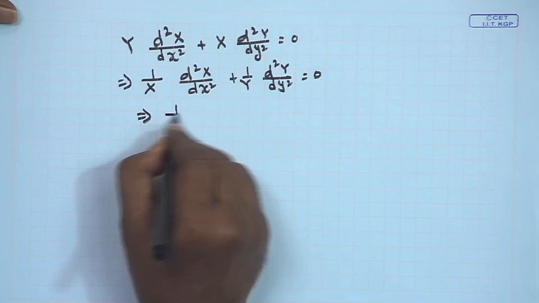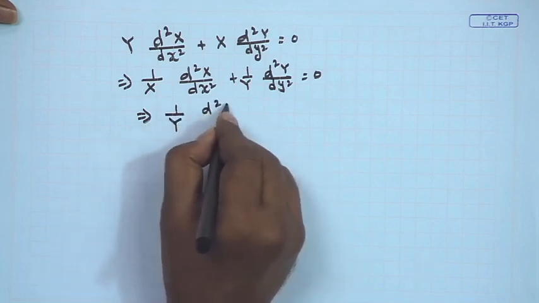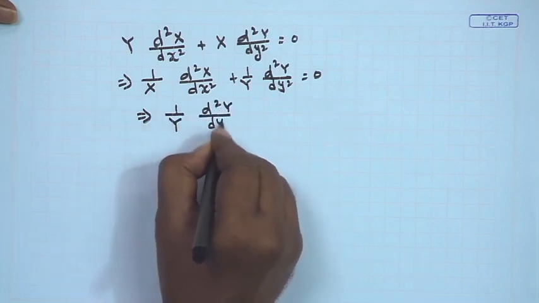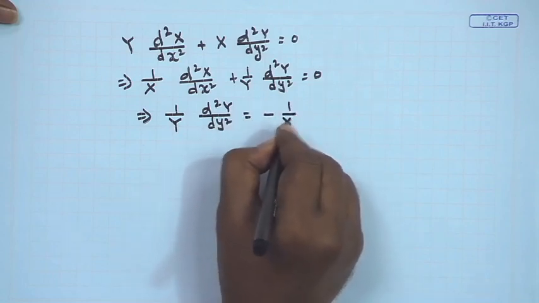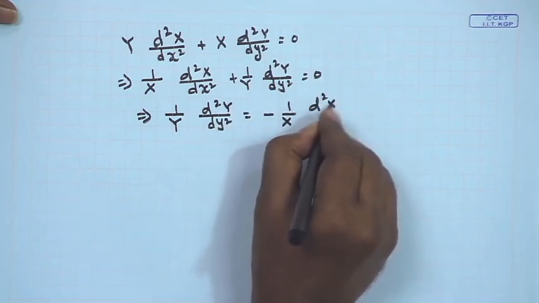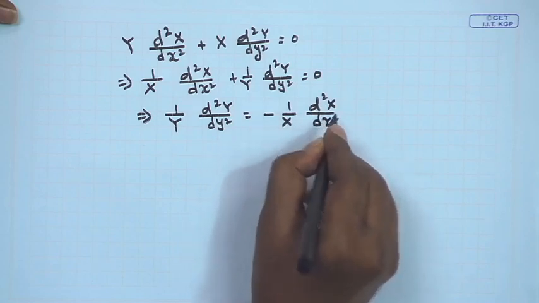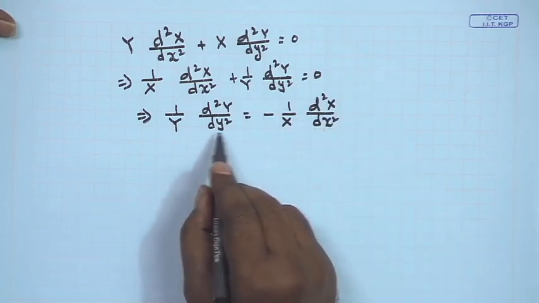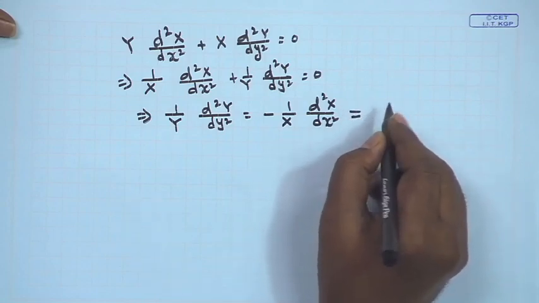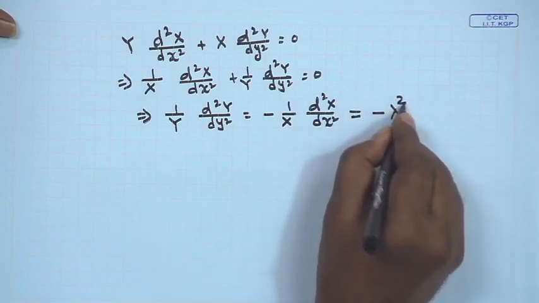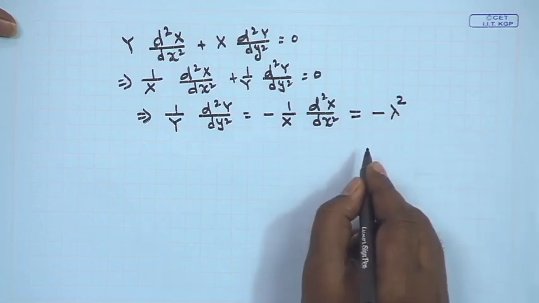So, we write 1 over y d square y dy square is equal to minus 1 over x d square x dx square. The left hand side is a function of y, the right hand side is a function of x alone. They will be equal to some constant, and this constant has to be a negative constant in order to have a non-trivial solution in the y direction.